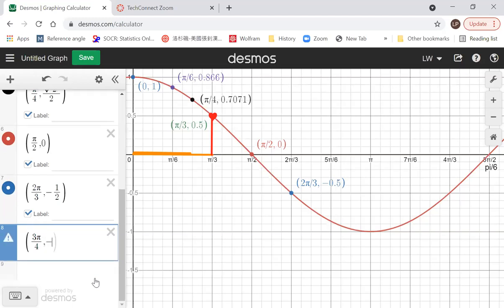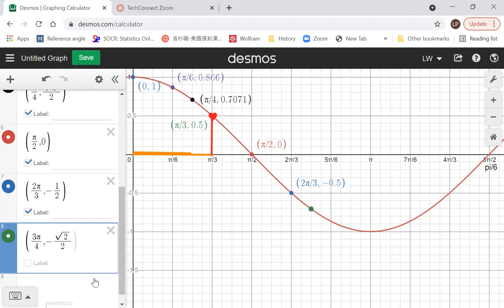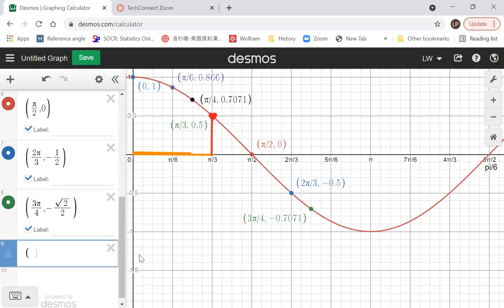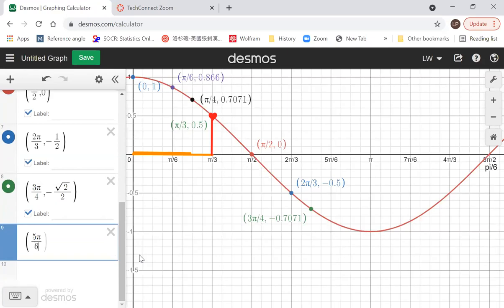I don't have that table in front of you, but you need to have that table in front of you, okay? That table still doesn't show the precise number. So if someone is up to develop some useful software for us math teachers, here you go. Okay, then 5 pi over 6, and that's negative root 3 over 2.